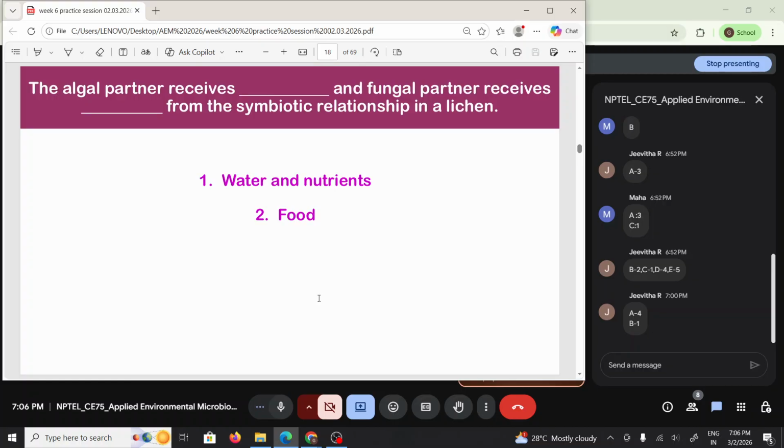Okay, so the answer for this is the algal partner receives water and nutrients, and the fungal partner receives its food from the symbiotic relationship.